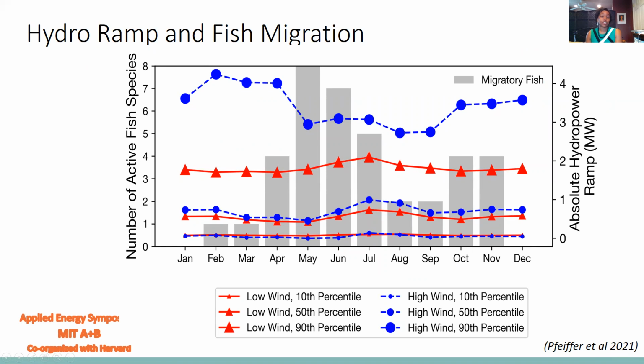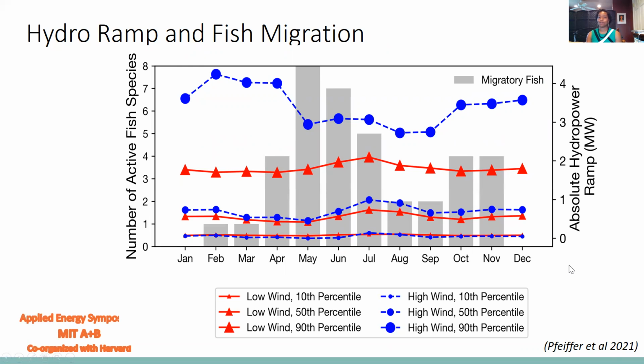This graph is showing you how the hydro ramp and fish migration are related. Along the x-axis, we have the different months of the year. Along the y-axis on the left-hand side, we have the number of active fish species, which corresponds to those gray bars. And along the right-hand side y-axis, we have the absolute hydropower ramp.